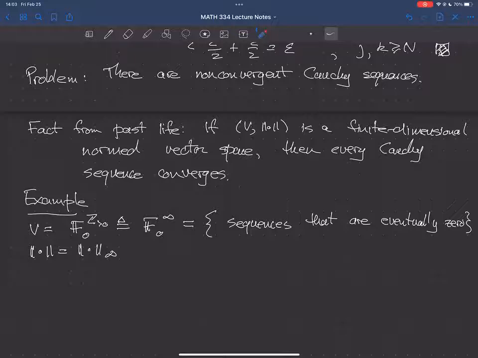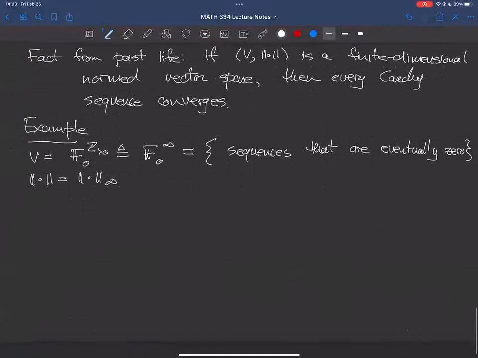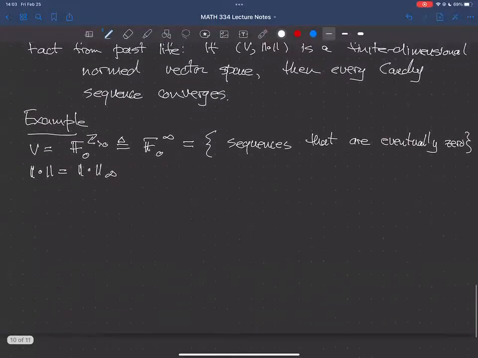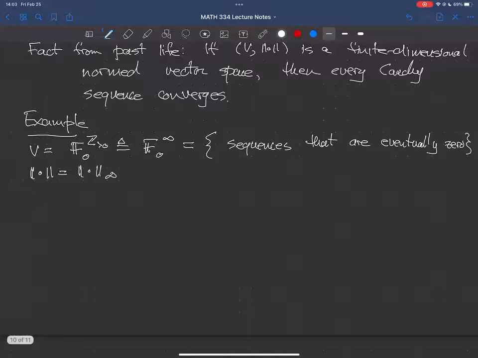Okay, good. So I'm going to build, as I said, a non-convergent Cauchy sequence in the space of eventually 0 sequences. All right. So a term in this sequence, of course, we think of sequences as being mappings, right?